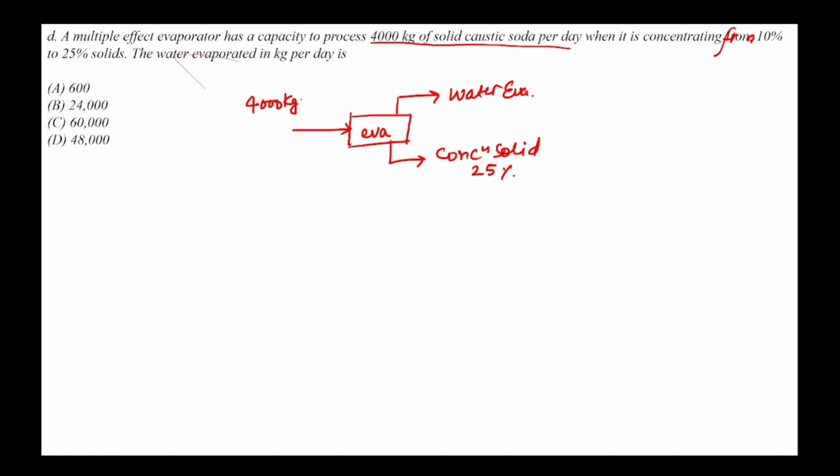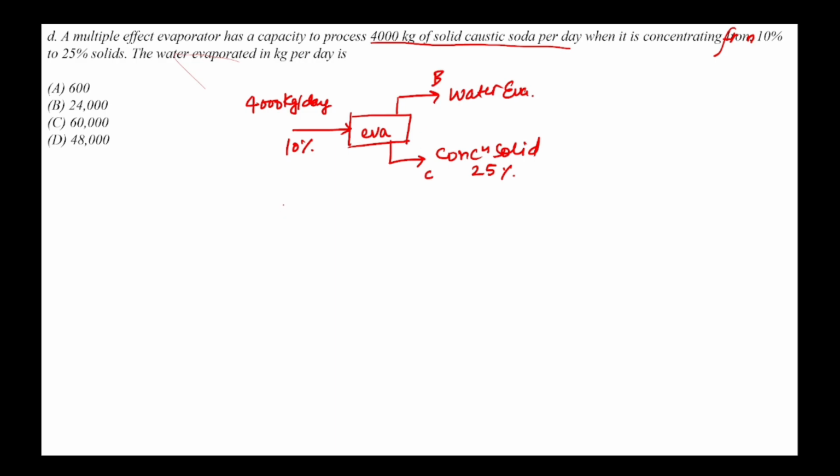Okay, so we have an evaporator, water evaporated, concentrated solid that is 25%, and feed 4000 kg per day at 10% solid. Okay, so we have to find this; mark them as B and C.